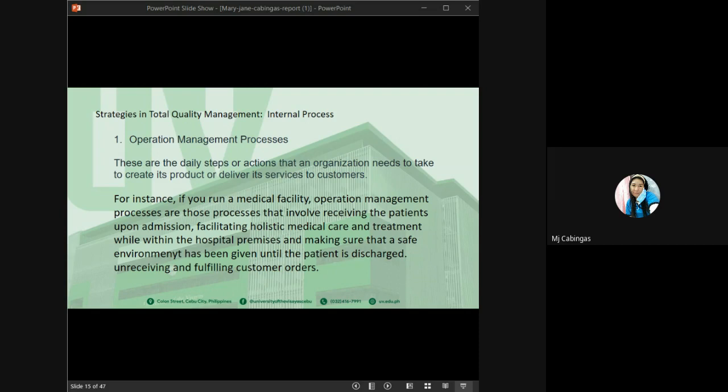For instance, if you run a medical facility, operation management processes are those that involve receiving the patients upon admission, facilitating holistic medical care and treatment while within the hospital premises, and making sure that a safe environment is given until the patient is discharged, and receiving and fulfilling customers' orders.